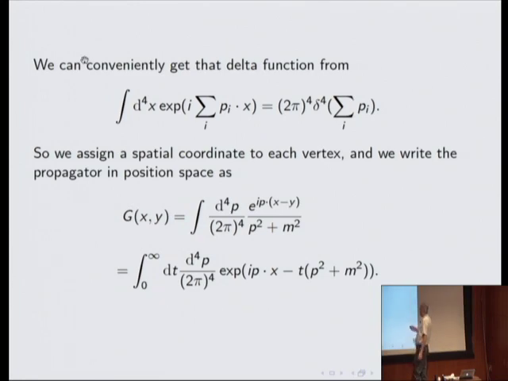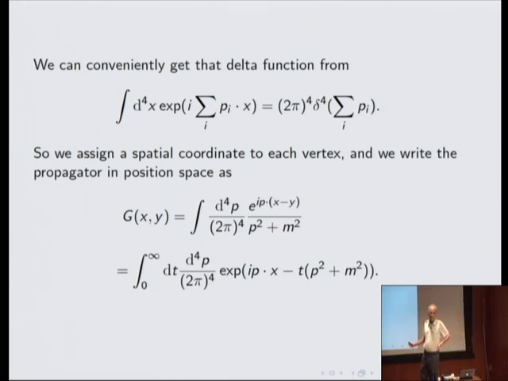So to do this systematically, we assign a spatial coordinate to each vertex, and we write the propagator in position space. The propagator in momentum space is 1 over p squared plus m squared. So in position space, the propagator is this. But we don't want to forget our Schwinger parameter, so we really write the propagator this way, except this x should be x minus y.